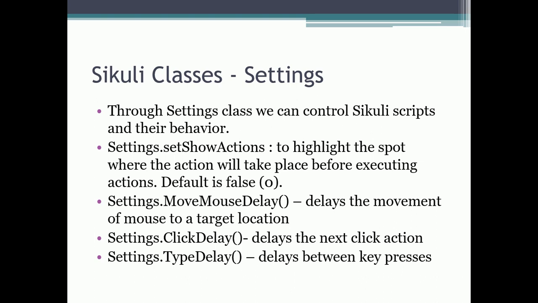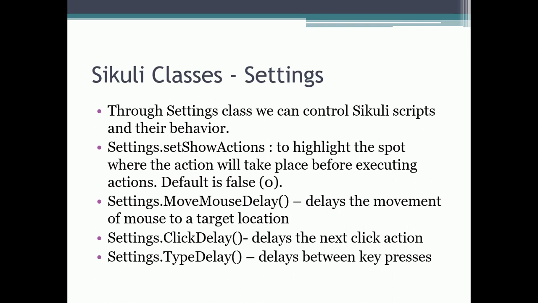The first is show actions. Set show actions, if it is set as true, I mean set as 1, then it will highlight the spot where the action is going to take place. Like if we are going to click on some menu, then that menu is our spot which should be highlighted.